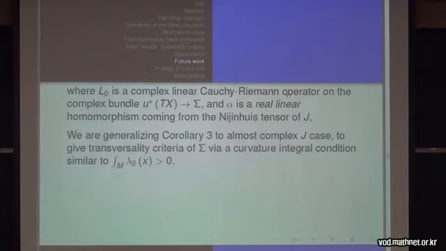There is some evidence that we can't expect a topological condition like a trinomial condition in the higher dimension, higher codimension and higher genus case for the automatic transversality of pseudo-holomorphic curves.